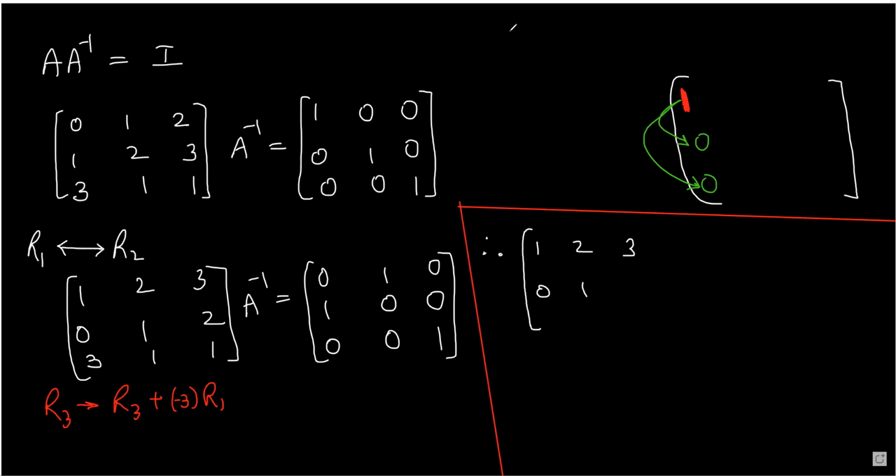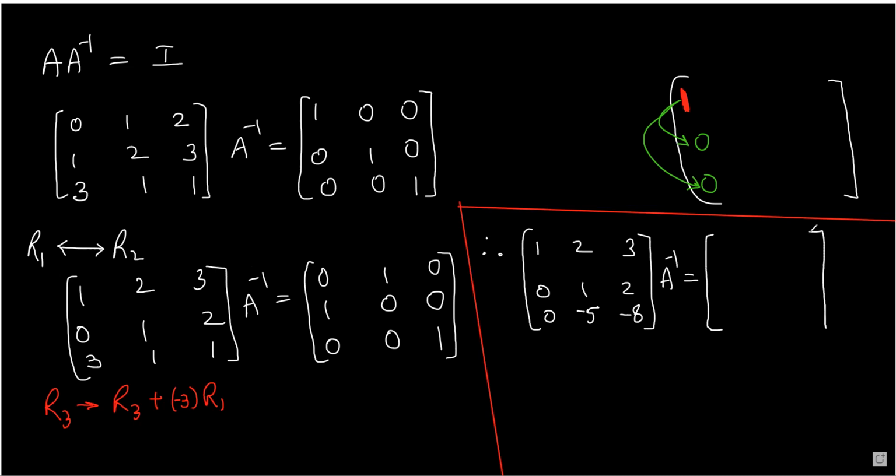So this will become definitely 0. This will become 0 definitely. When you multiply -3 here, this will become -6 when you add it. So when you add -6 here, this will become -5. Now multiply -3 here, so it will become -9. When you add, you get -8. And here you have A inverse equals to.